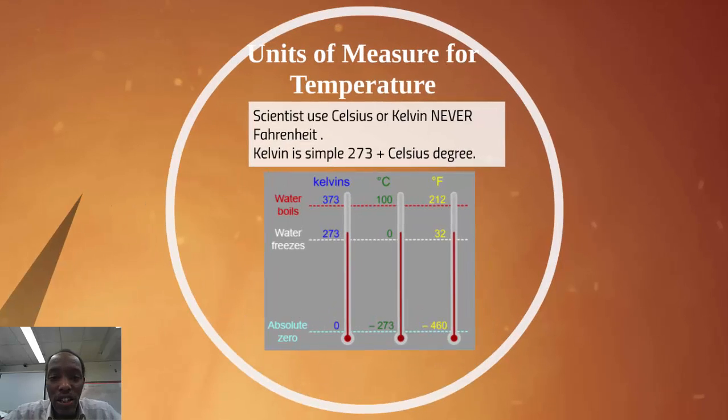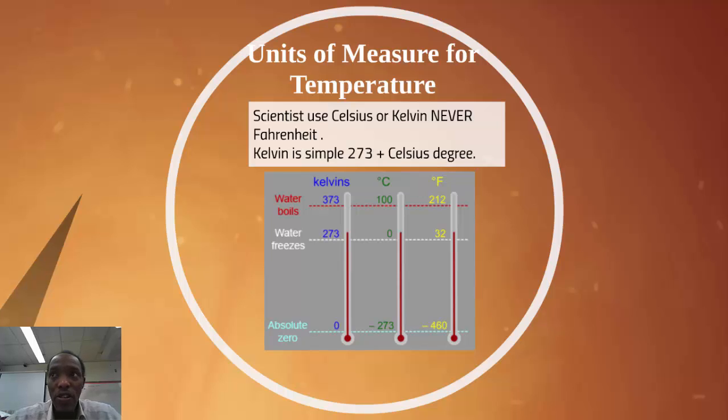So how do we measure temperature? Well, typically in science, we measure temperature using the Celsius scale. Water freezes at 0 degrees Celsius and boils at 100 degrees Celsius. In science, we also use what are called kelvins. The Kelvin scale is simply 273 more than the Celsius degree. So for example, water freezes at 0 degrees Celsius.